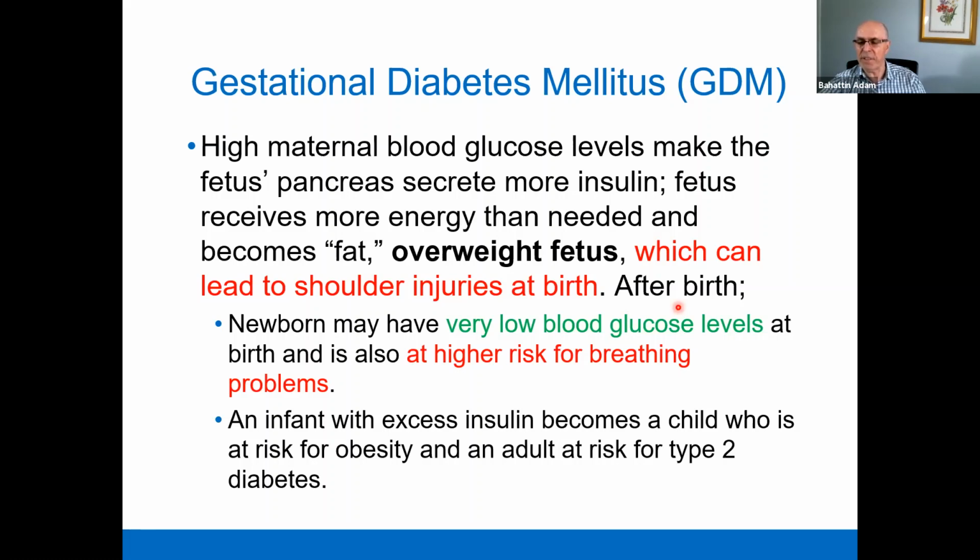Sometimes it will be life-threatening if hypoglycemia is too low. Also, the babies of gestational diabetes mellitus patients may be at risk for breathing problems. The lungs are not mature enough, and then they may have breathing problems.